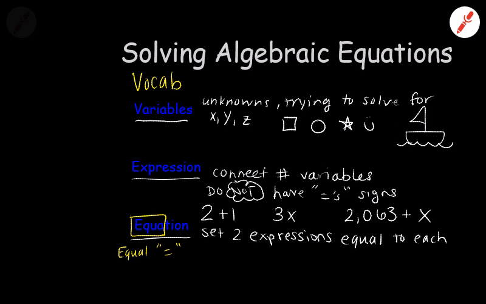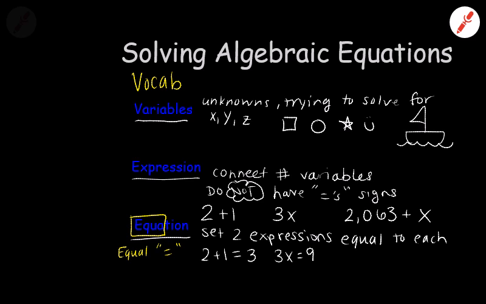So a couple examples of equations using the previous examples I had: given the expression 2 plus 1, we could turn that into an equation by saying 2 plus 1 equals 3. So now we have turned that expression into an equation because we are saying that 2 plus 1 is equal to 3. Now using the next example, we could say that 3x equals 9.